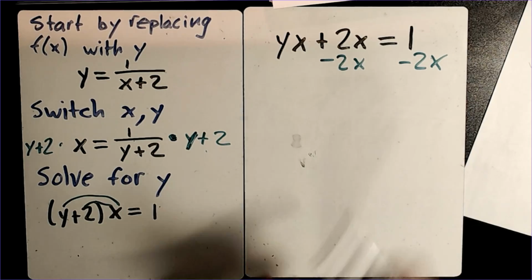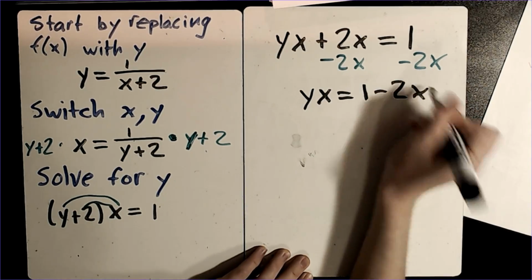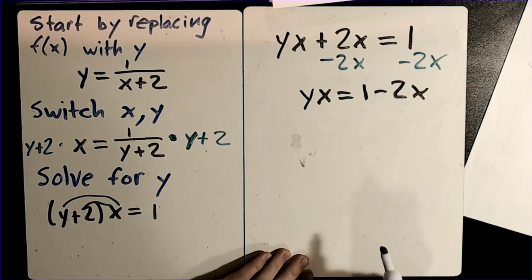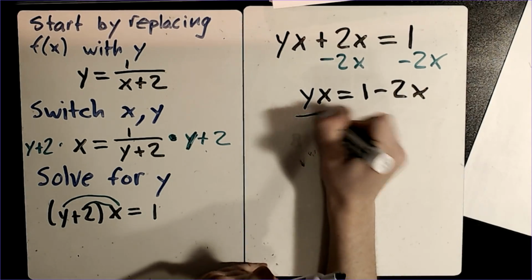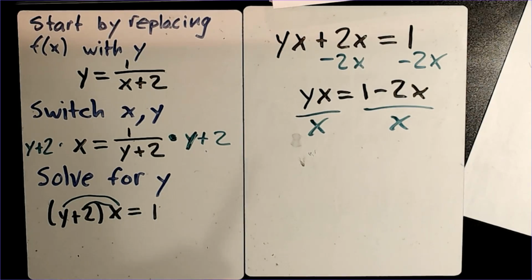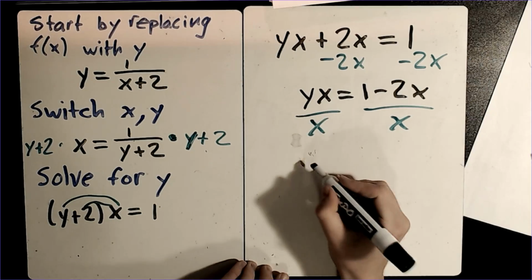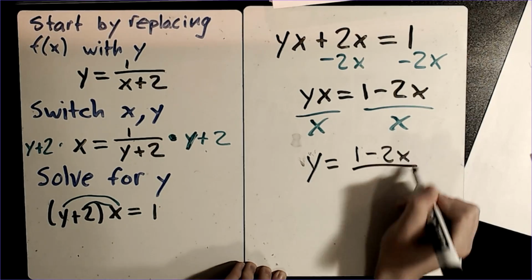So we get yx is equal to 1 minus 2x, and now we just divide by x on both sides to get y alone. So what you'll get is y equals 1 minus 2x over x.